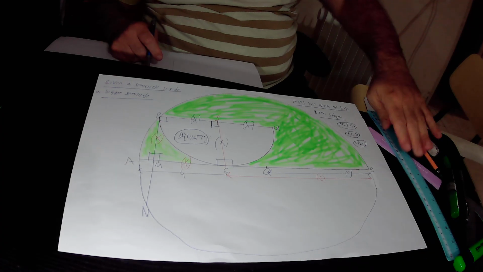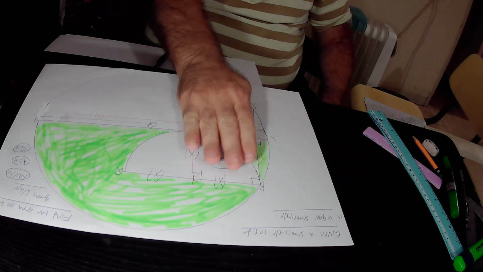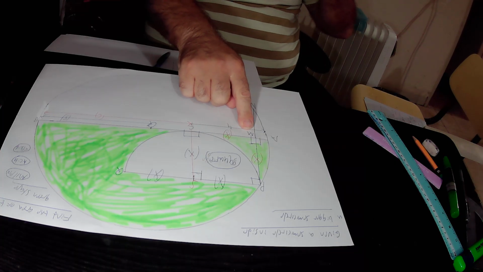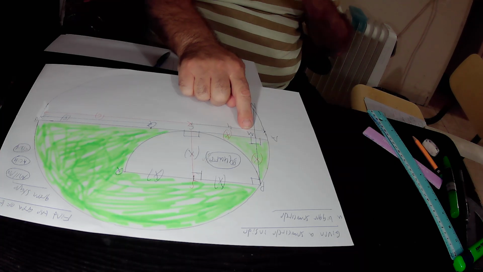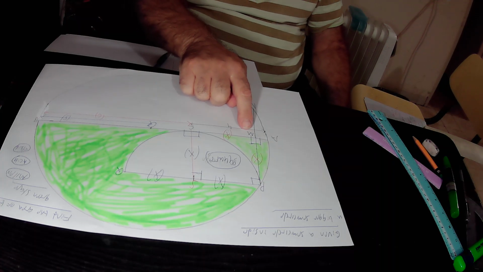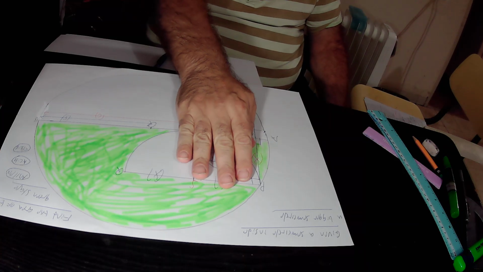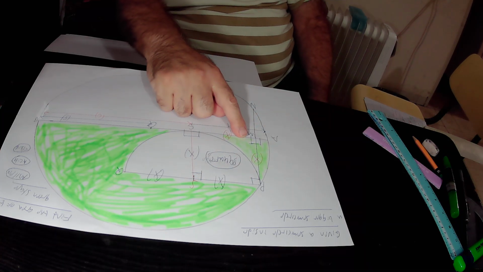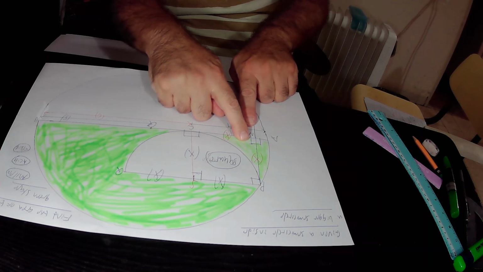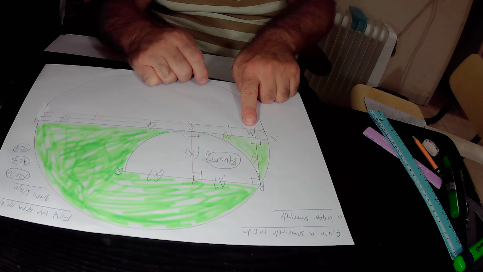So if you focus on the right side of the straight line PN at point M, here the sum of the angles must be equal to 180 degrees according to rule 3. Rule 3 states that the sum of the angles on one side of a straight line is equal to 180 degrees. So which angles do we have at the right side of the straight line PN at point M? We have this angle, the right angle, plus this missing angle. In total, the sum of those two angles must be equal to 180 degrees according to rule 3. Therefore, this missing angle must be equal to 90 degrees in its size.